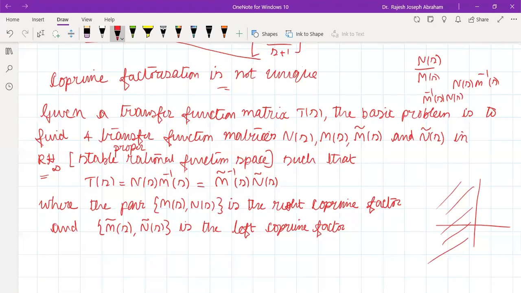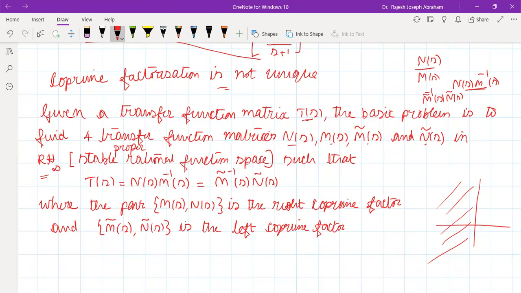In the first case, n of s and m of s are called the right coprime factor, whereas m tilde, n tilde are called the left coprime factor. So when you are given a transfer function matrix T of S, we can find 4 transfer matrices N, M, M hat and N tilde so that they are coprime.